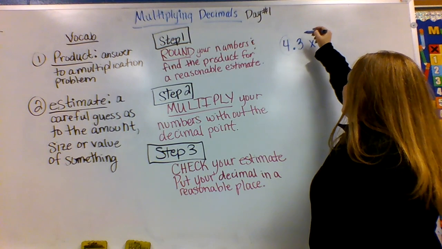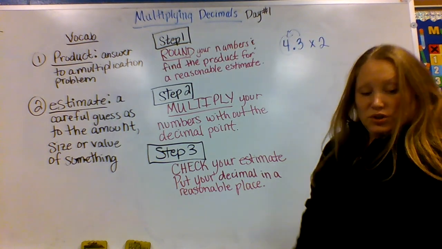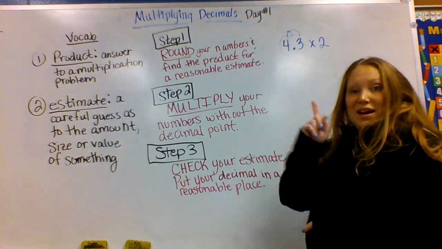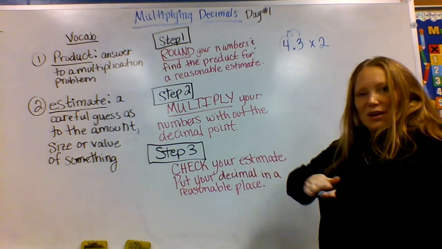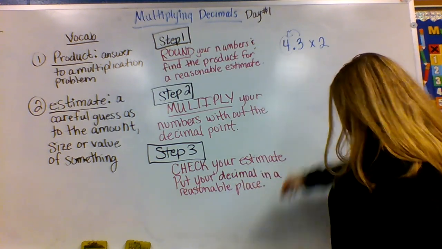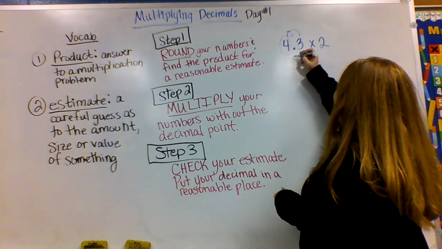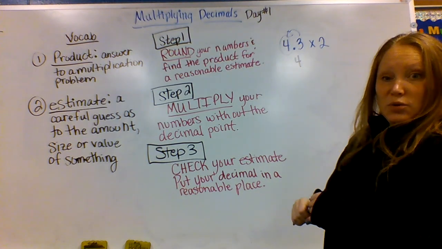Well, I see my 4. That 3 tells the 4 to do what? So 5 or more, raise the score. 4 or less, let it rest. So that 3 is 4 or less. So 4 3/10 is just going to round to 4.